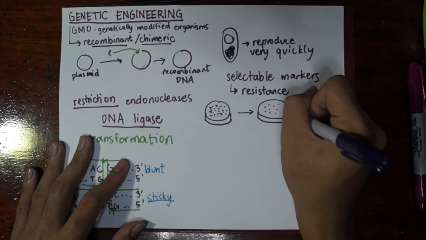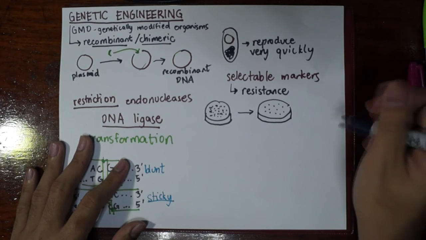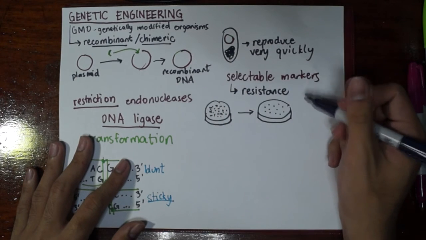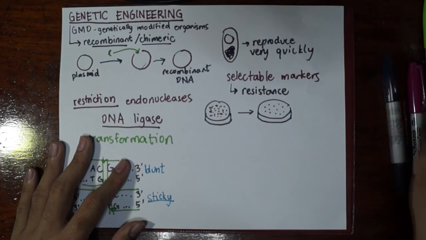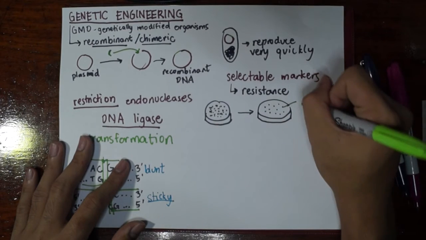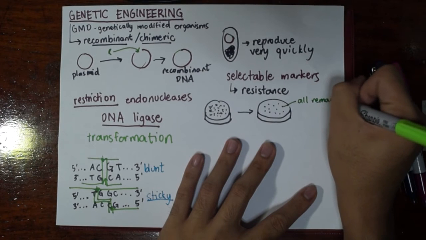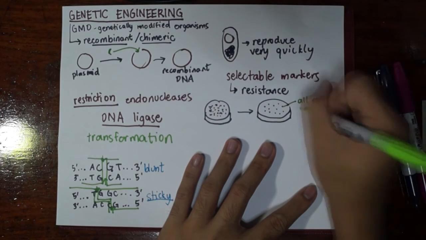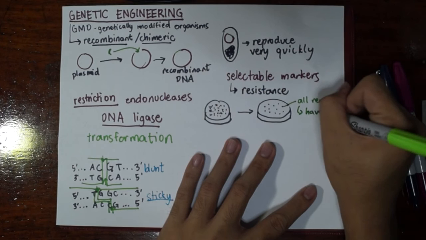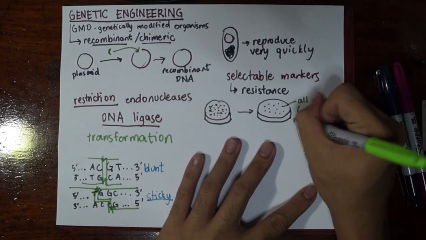You assume that the cells that have died did not take the recombinant DNA, and now all of the cells that are remaining here have the recombinant DNA.